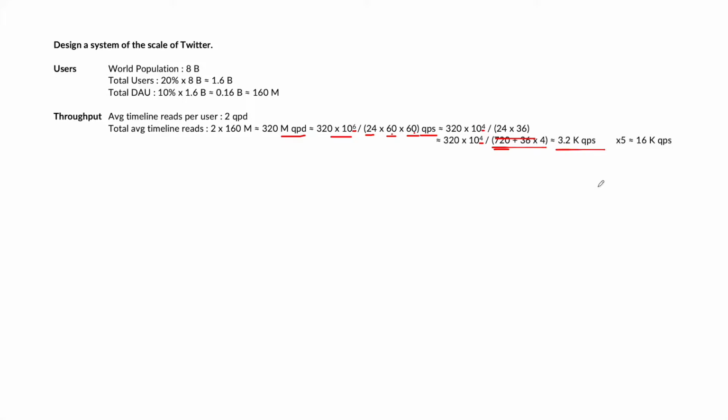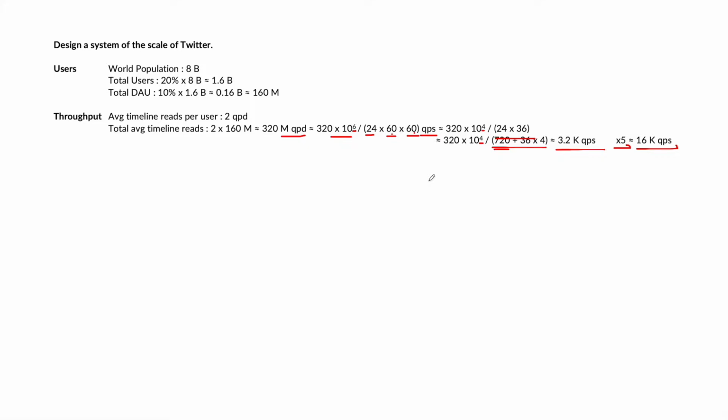Now the spike up number could be anything like multiplied by 2, 3, 5, but 5 is something I feel quite comfortable with, and designing a system with 5 times scale would be a really scalable system. So 3.2k requests multiplied by 5, and we would have to handle around 16k queries per second.